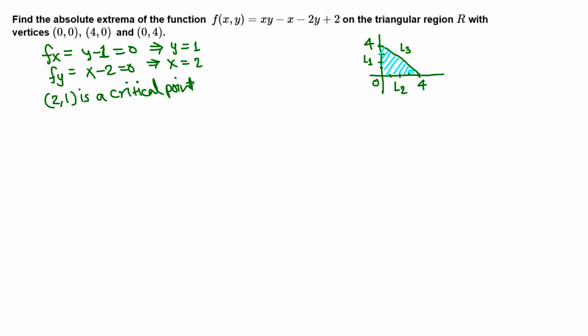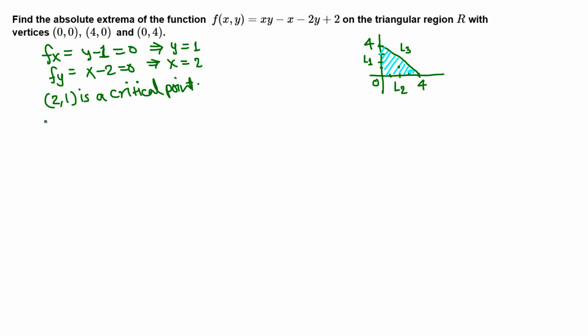We need to make sure this point lies inside this region, and in fact (2, 1), yes, it's somewhere here. Now we evaluate this function at this critical point.